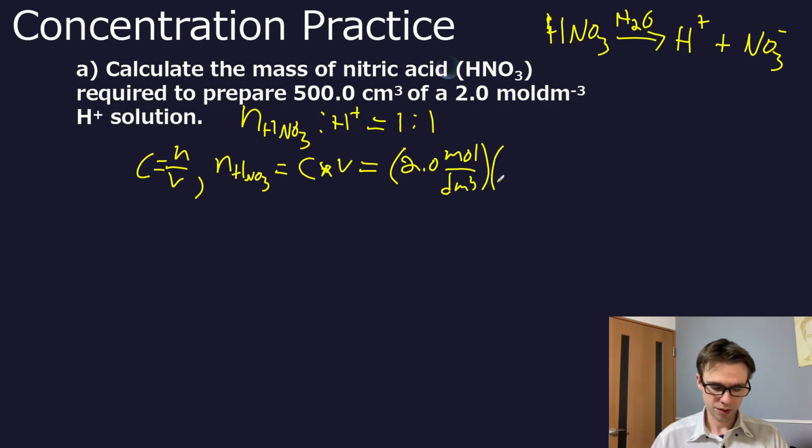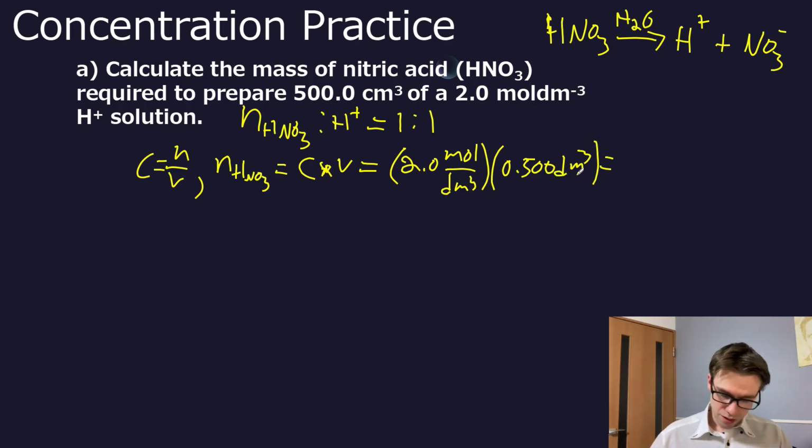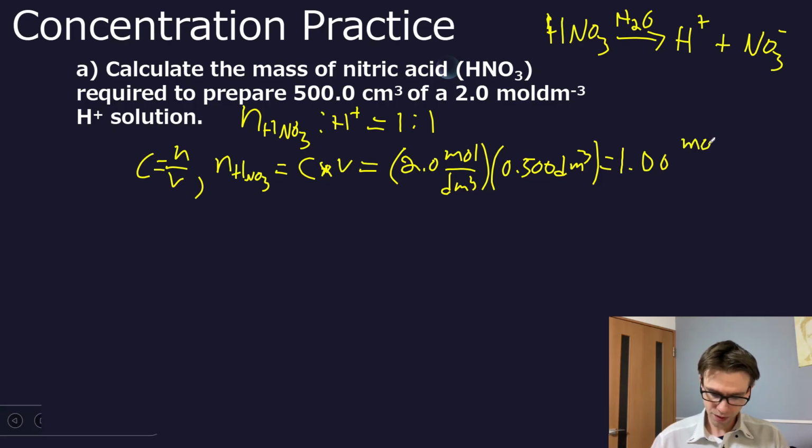And we have a volume here of half a liter, 500 cm3, 500 milliliters, that's 0.500 dm3. Should be pretty obvious. This is going to come out to 1.00 mole.